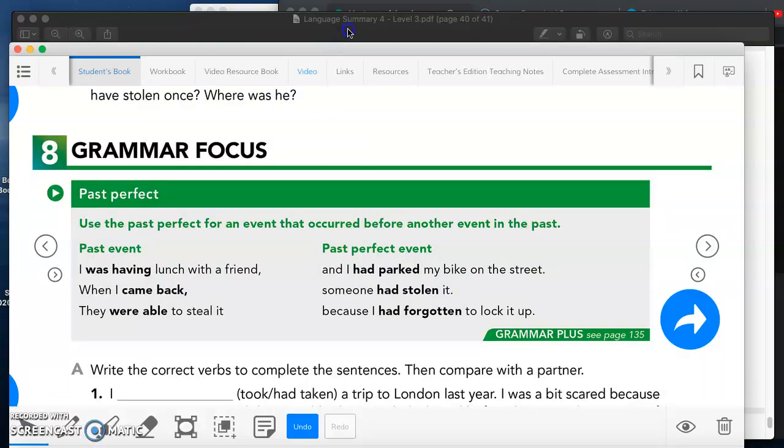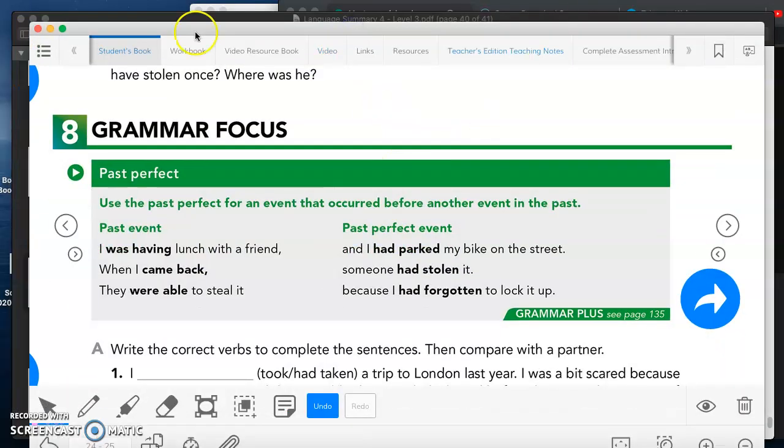We have something similar here in the books too. For example, we have this past event: I was having lunch with a friend, and then we have the past perfect event: I had parked my bike on the street.